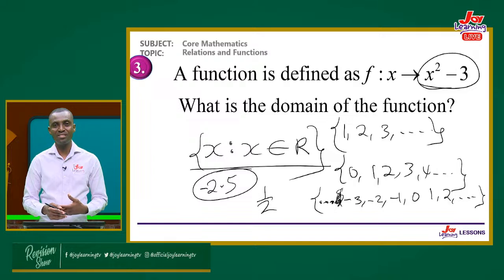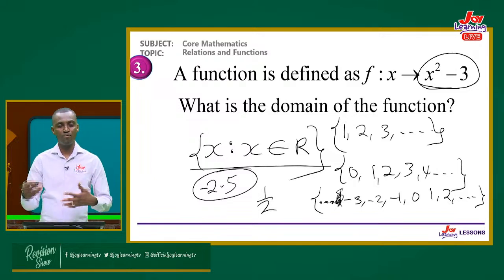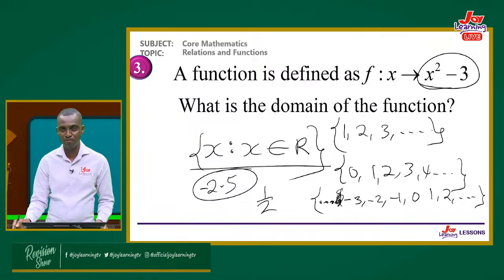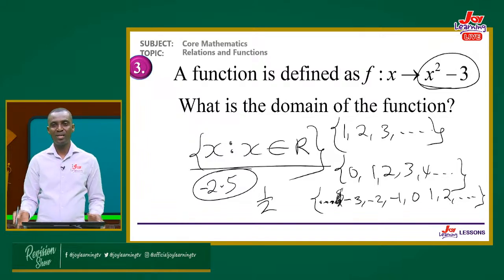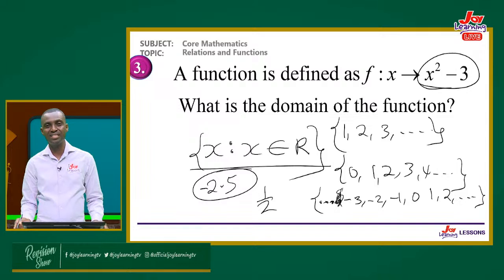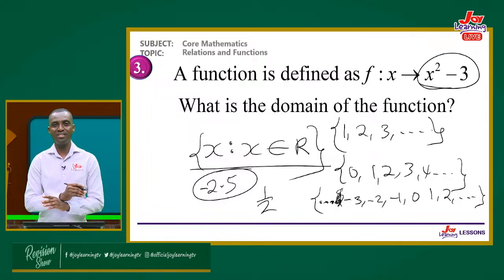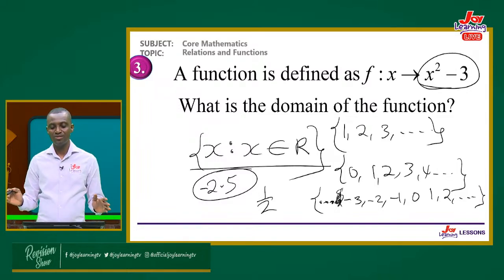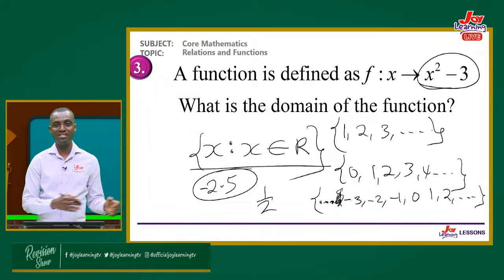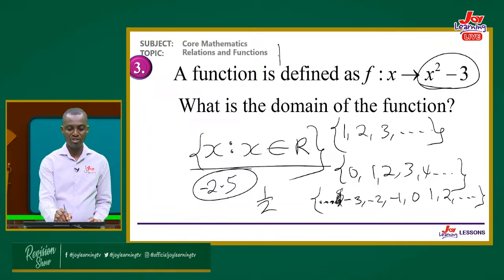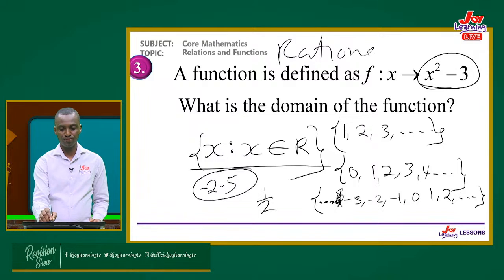Rational numbers comprise fractions, decimals, whether recurring or terminating, whole numbers, integers, natural numbers. They all together form rational numbers.